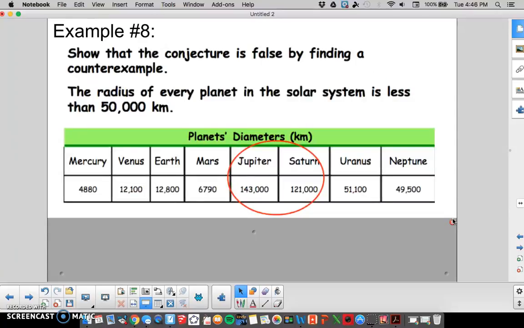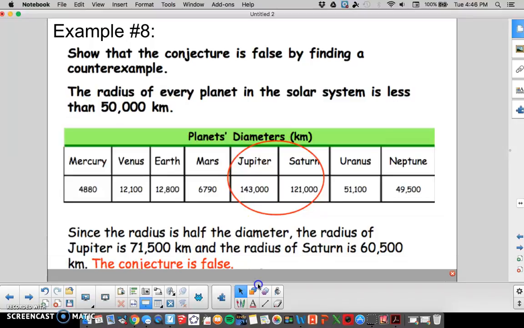Last example. Show that the conjecture is false by finding a counterexample. So based on this data, we want to try to disprove that the radius of every planet in the solar system is less than 50,000 kilometers. Notice it says radius, and our data gives us diameters. So we would have to find the radius of each.